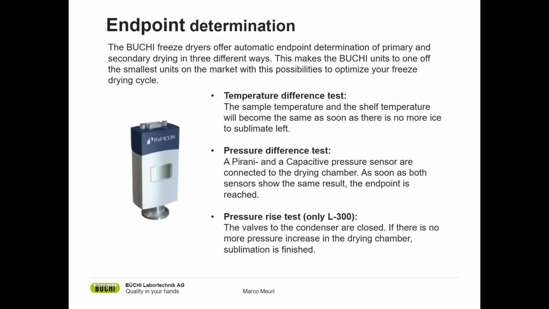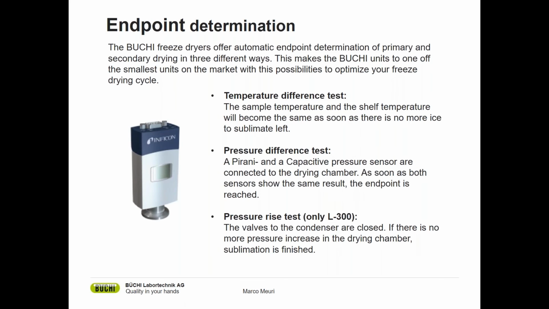The first one is the temperature difference test. The temperature difference test works very simply with a sample temperature probe. Once there's no more ice in the sample and everything is sublimated, the sample will go to the same temperature as the shelf, and our software can automatically detect that, let you know that your sample is dry, or even stop the process.